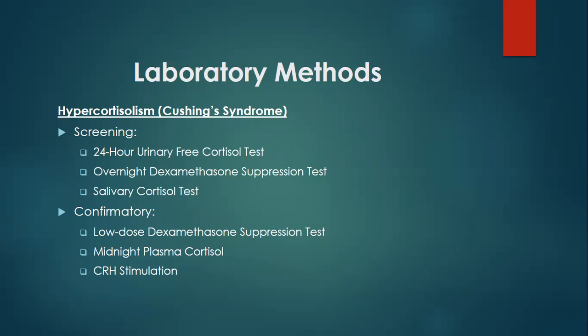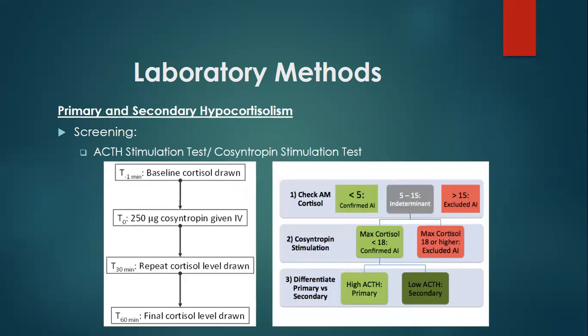Then we also have tests for hypocortisolism, or tests for adrenal insufficiency: primary adrenal insufficiency and secondary adrenal insufficiency. In the previous slides, I have already differentiated between primary and secondary.